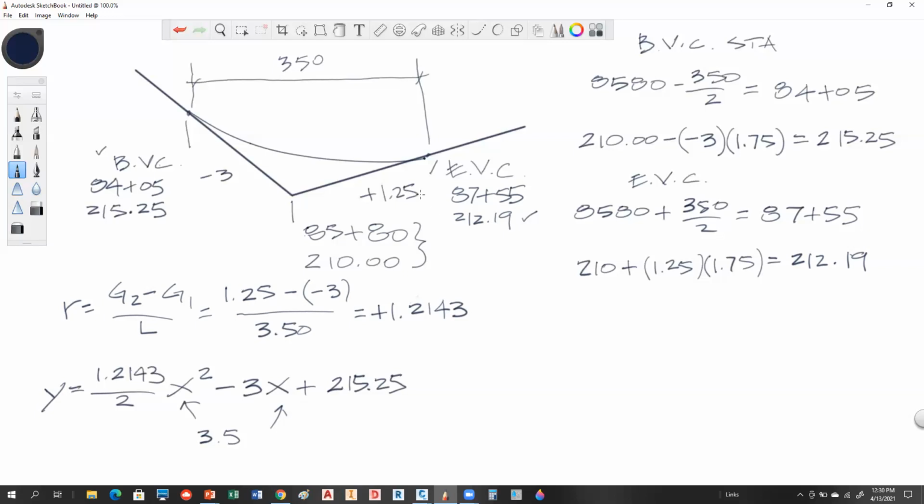We won't get 8755, we'll get the elevation of 8755. So what should come out of there is 212.19.